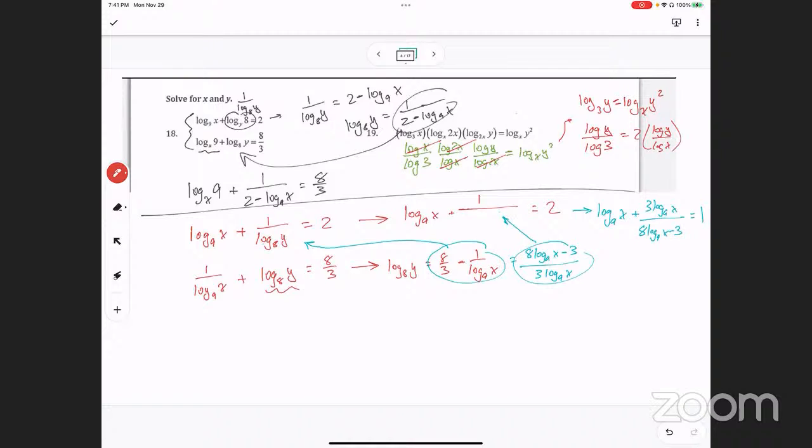So what we can do is divide both sides by log y. Right? You follow what I'm doing?